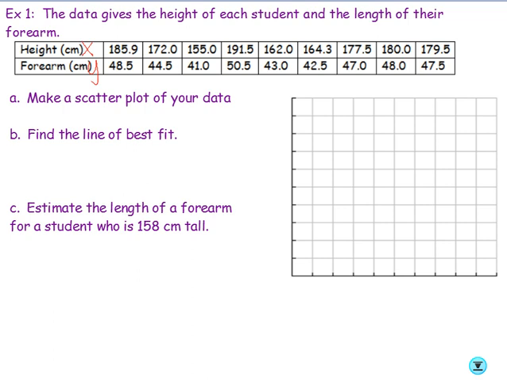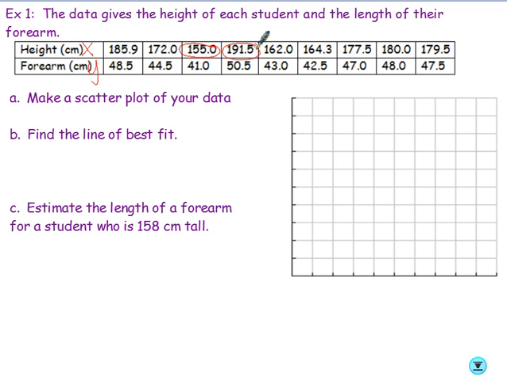Now, when you're trying to decide upon a scale, the first thing I always suggest is look for your very highest and your very lowest values. So for your X's, if you look through this list of numbers, it looks like 155 is your lowest, and it looks like 191.5 is your highest.